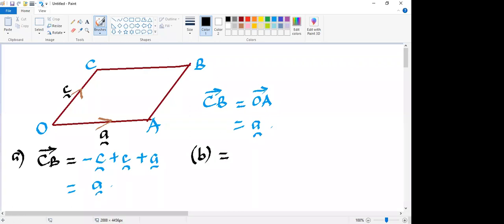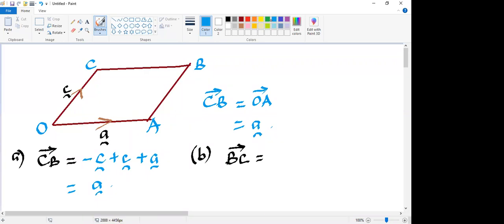What is it equal to? May I have Sima, whether you are there this time? Sima, are you there? Let me take Enoch. What is vector BC?